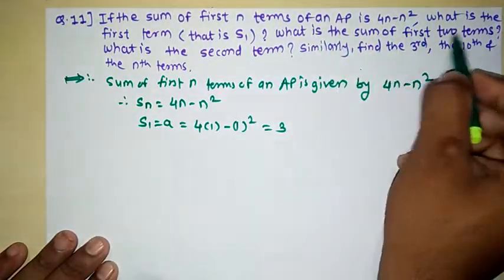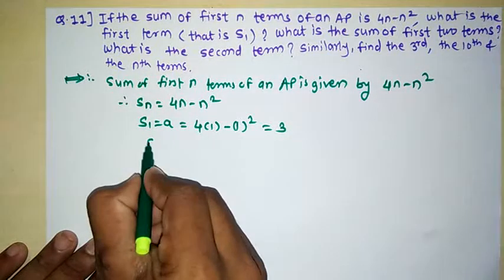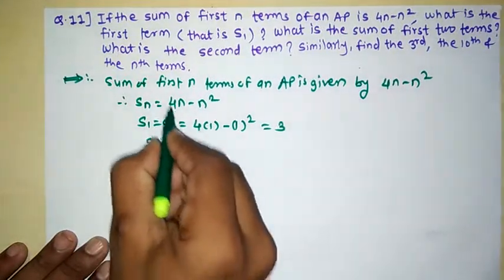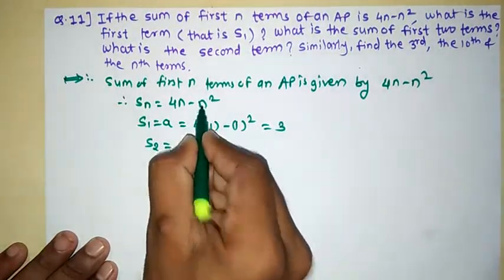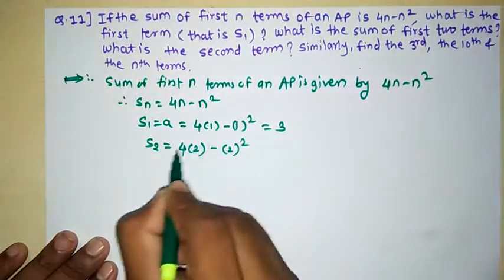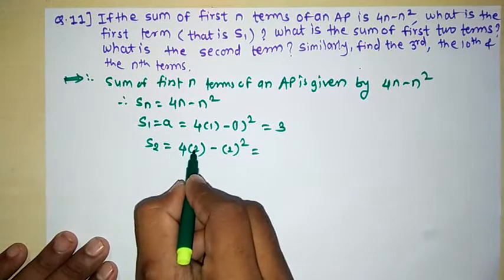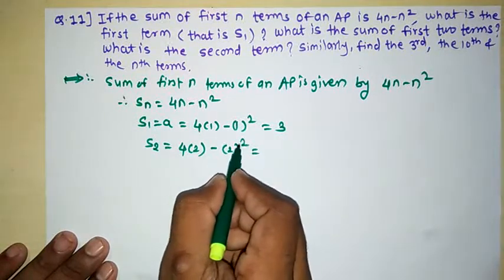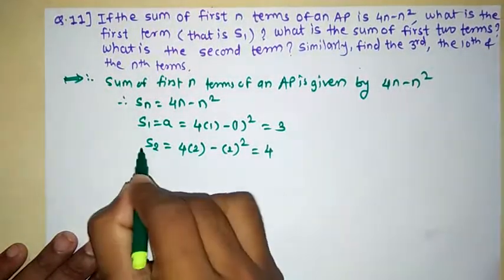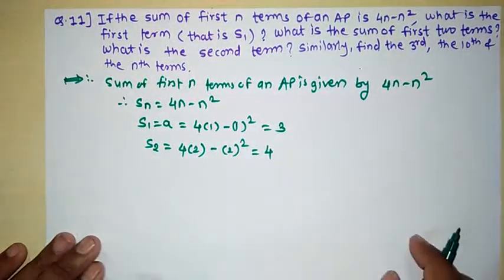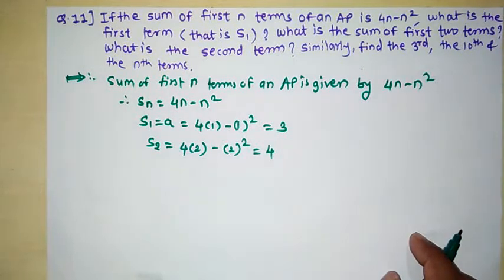Now we have to find the sum of the first two terms. S2 is equal to, instead of n we have to write 2 here. 4 into 2 minus 2 square. 4 into 2 is 8. 8 minus the square of 2, which is 4. 8 minus 4 is equal to 4. The sum of the first two terms is equal to 4.